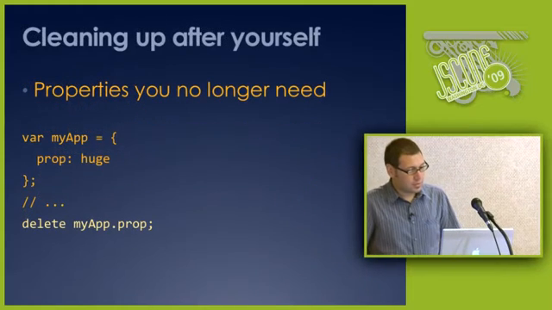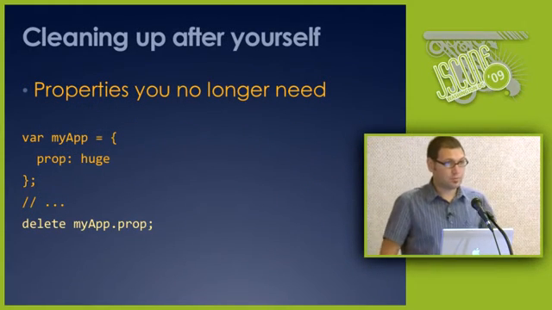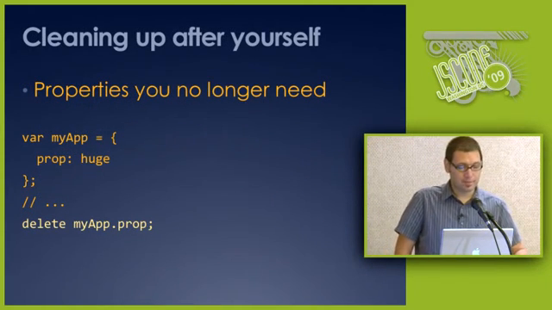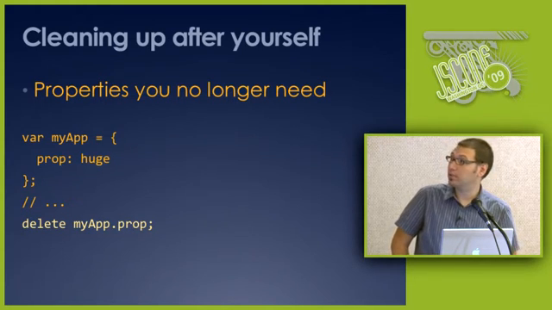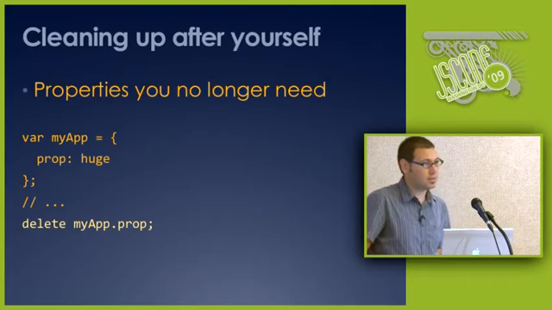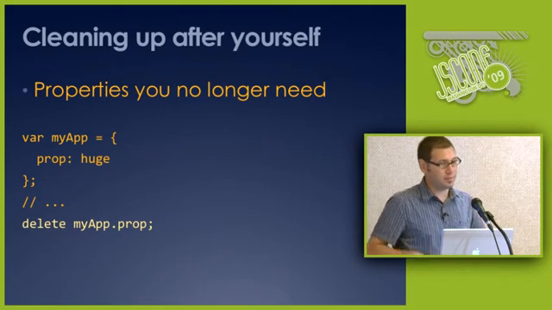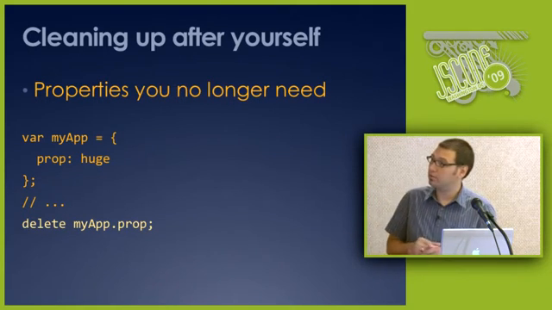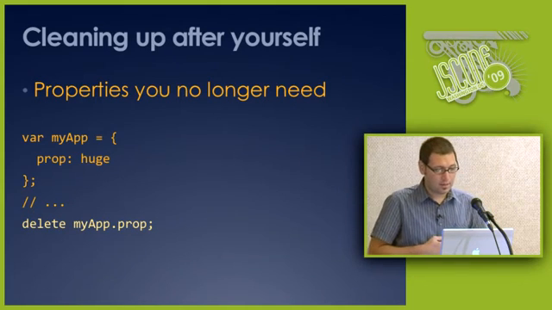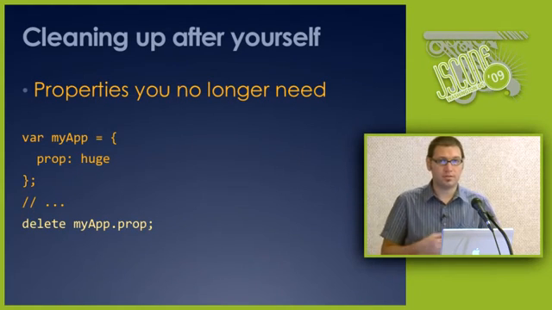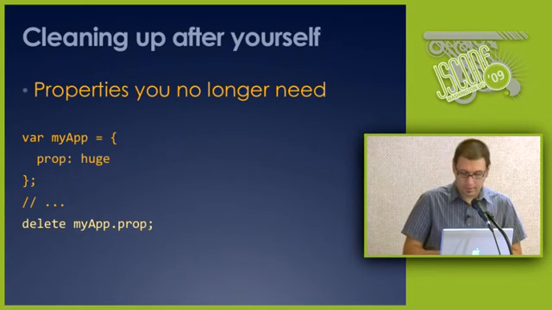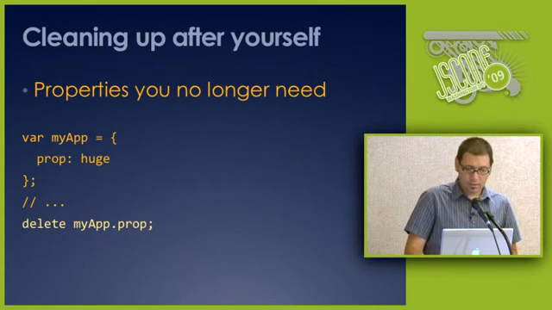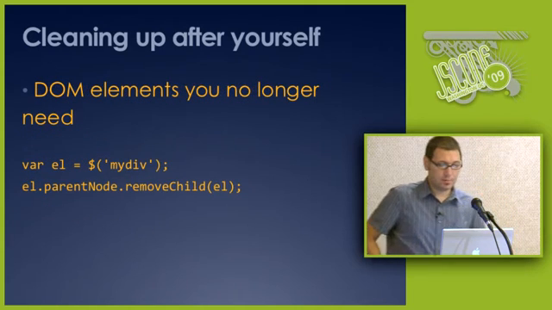The other thing is to clean up after yourself, because when garbage collection runs, that may cause a noticeable slowdown. So when you're done with objects or their properties and they're big and you know that you no longer use them, just use the delete operator to say, okay, I no longer need that. The same goes for DOM elements.